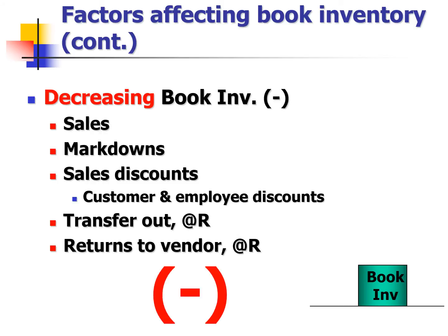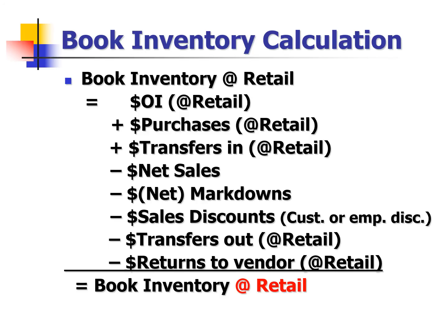So overall, all the things that we discussed on this slide are factors that decrease book inventory, including sales, markdowns, sales discounts, transfer outs, and returns to vendor. So when we try to have a good valuation of our inventory and calculate our book inventory at the retail value, we need to keep track of all the factors that we talked about in the previous two slides.